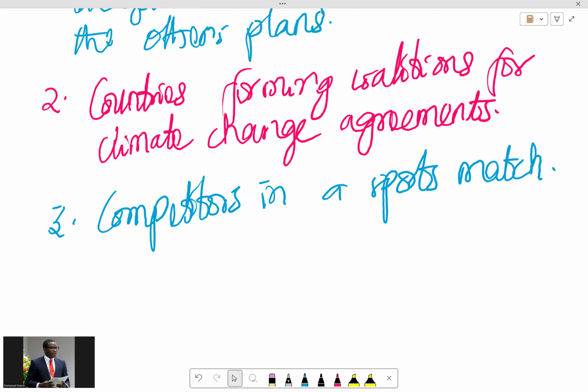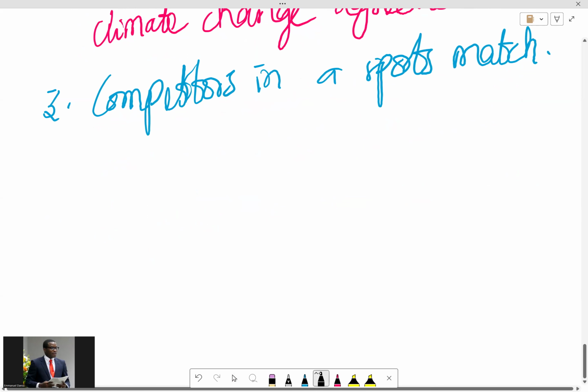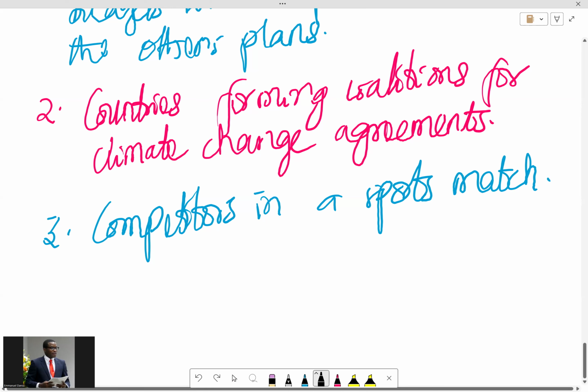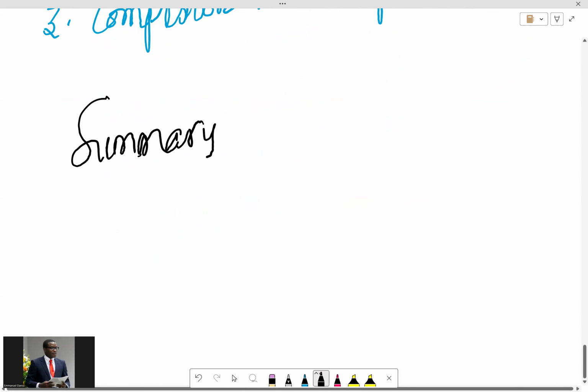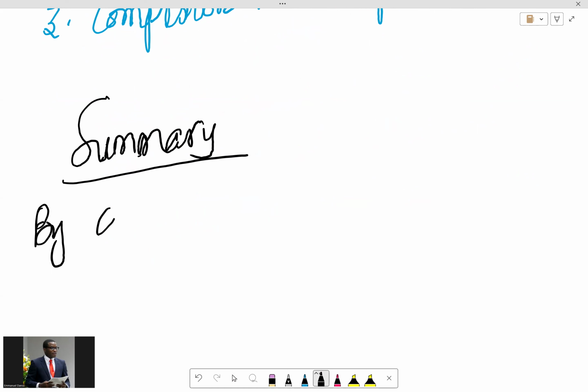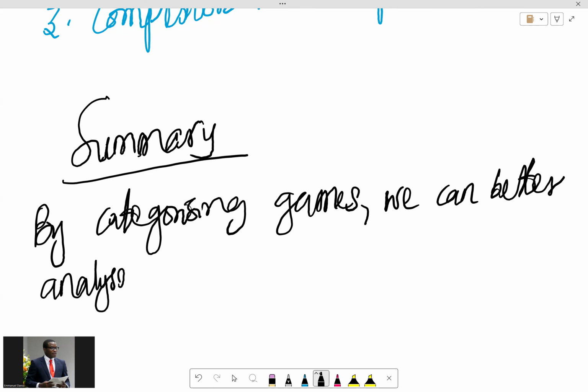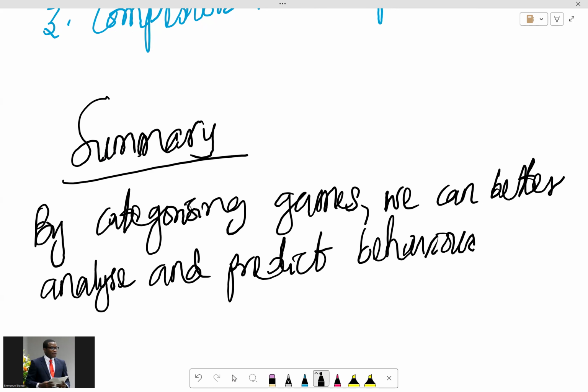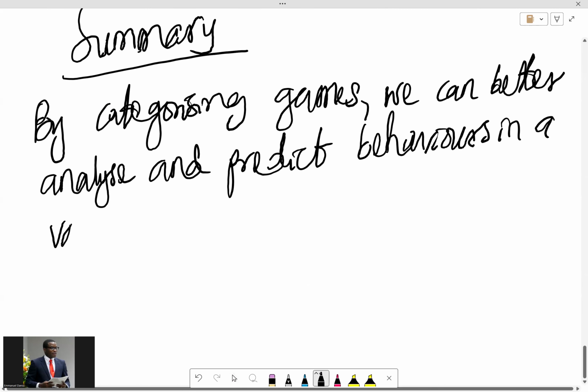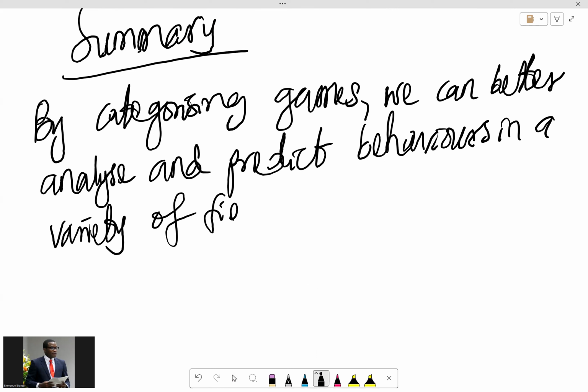Summary: by categorizing games, we can better analyze and predict behaviors in a variety of fields and scenarios.